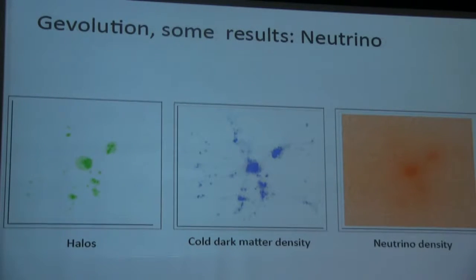What you see, and this is exactly what you expect, is that even though the neutrinos are quite homogeneously distributed, they do clump, but you will only see a real change in the contrast where you have the largest halos. Is this at redshift 0? Yes, this is all redshift 0.